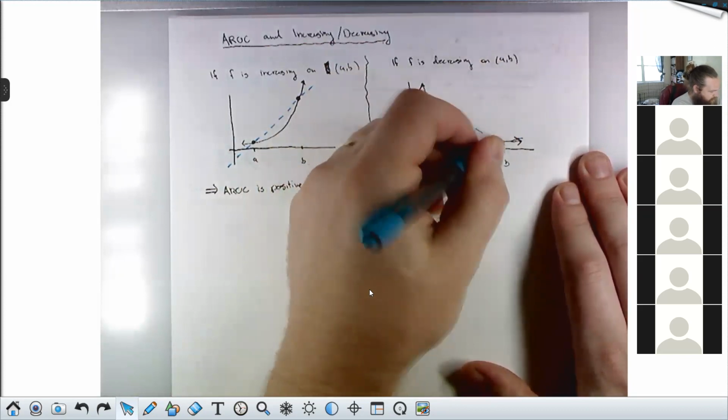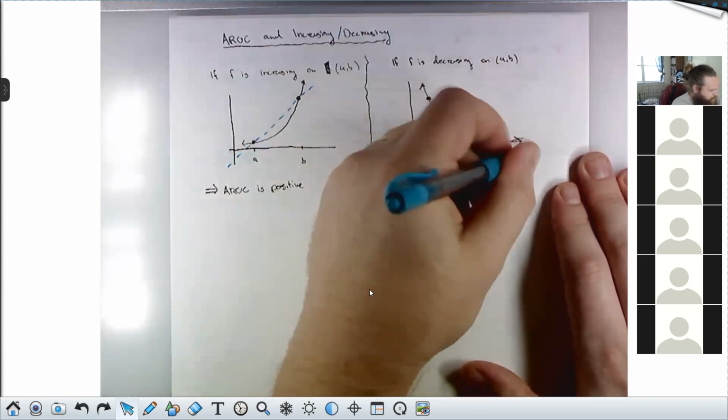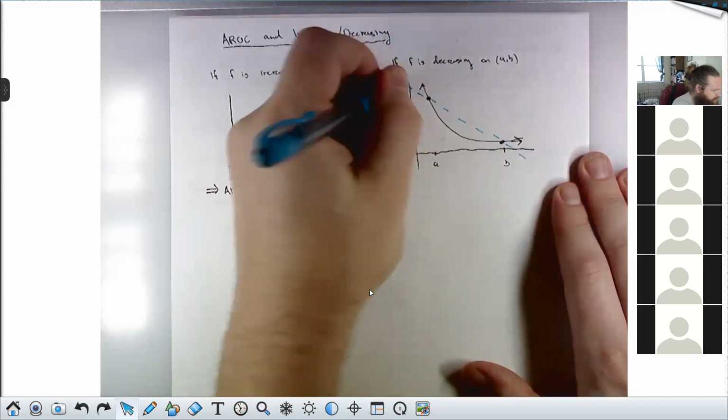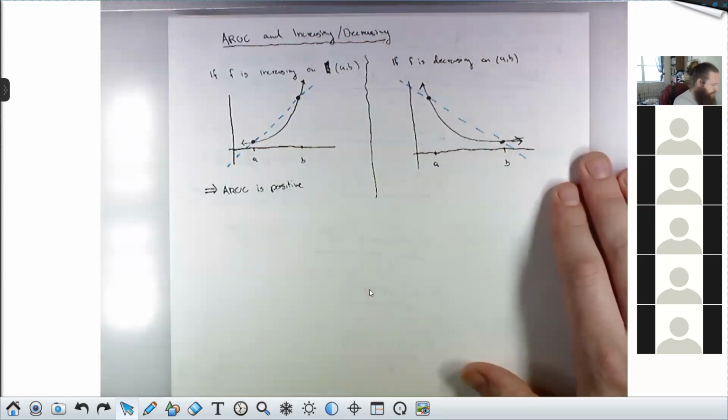All right, the dashed lines here have negative slope in the second picture, positive slope in the first picture, and they can't help it. Can't help.